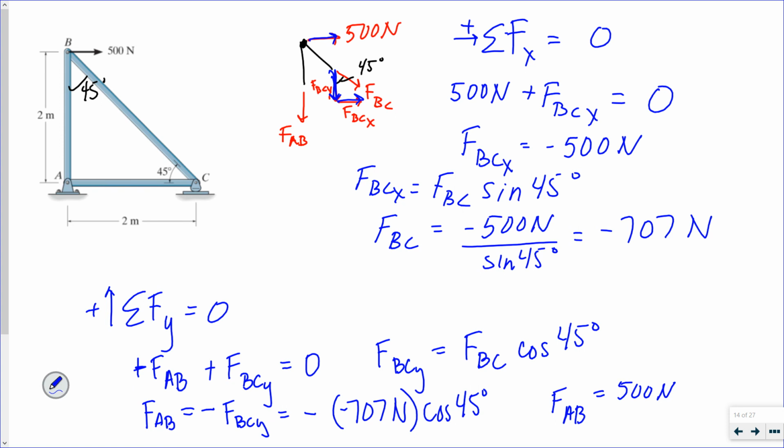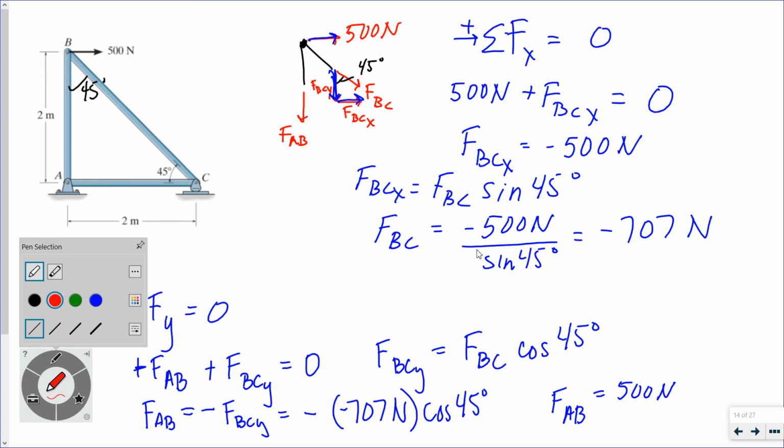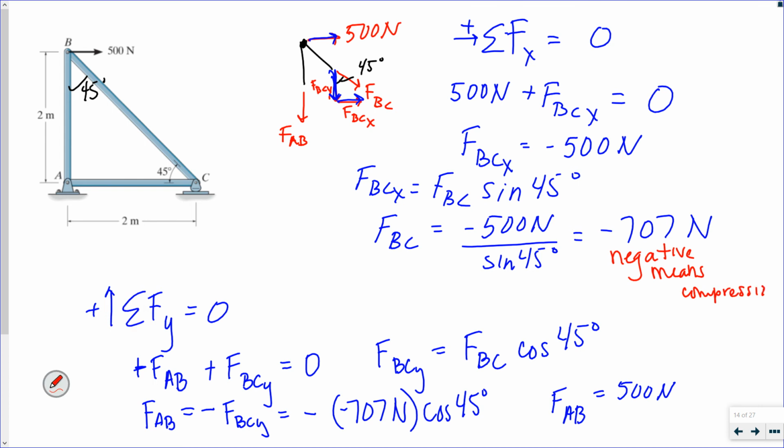That means it's in compression. My force in AB ended up positive, and since I assumed it was tension and it was positive, then it is in tension. Right?